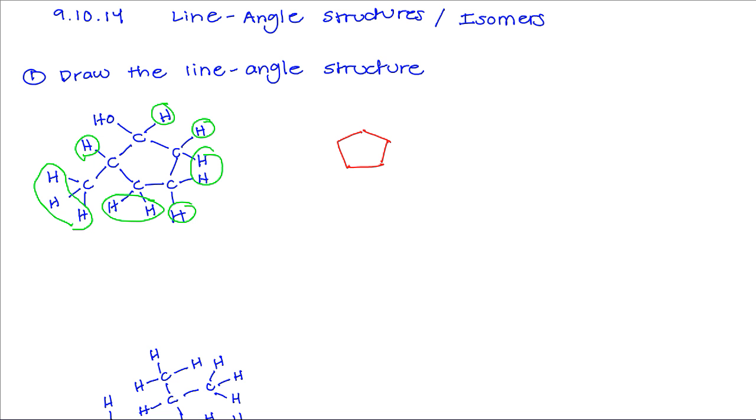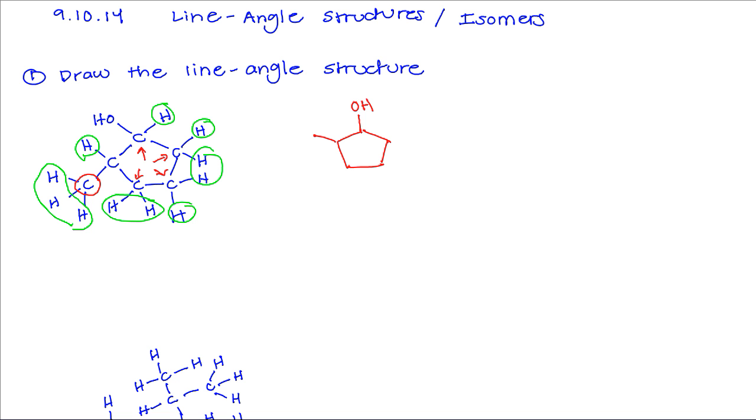On this first carbon here, we're not going to draw in that hydrogen, but we do have a hydroxyl group or an alcohol. All the other carbons going around, we don't have to draw in the hydrogens coming off of those carbons. But we do have a carbon directly attached to this carbon of the ring. So we do need to draw that in, and we'll just draw that in as a line.